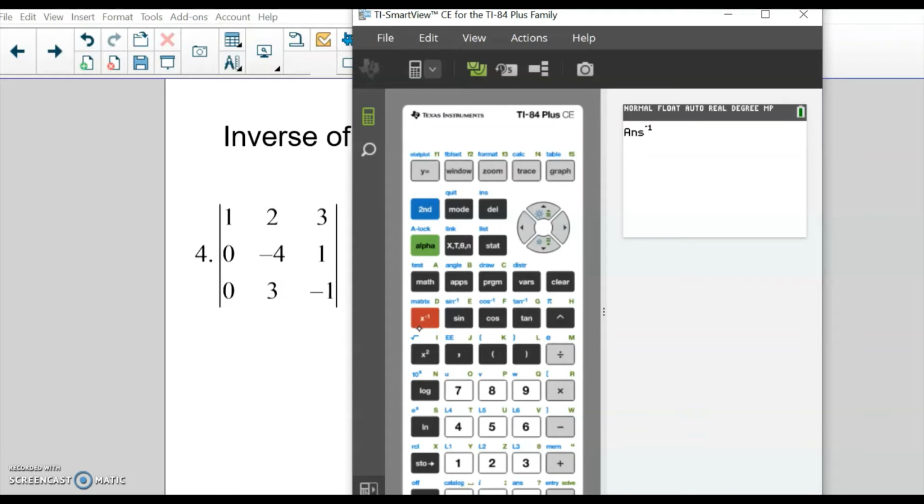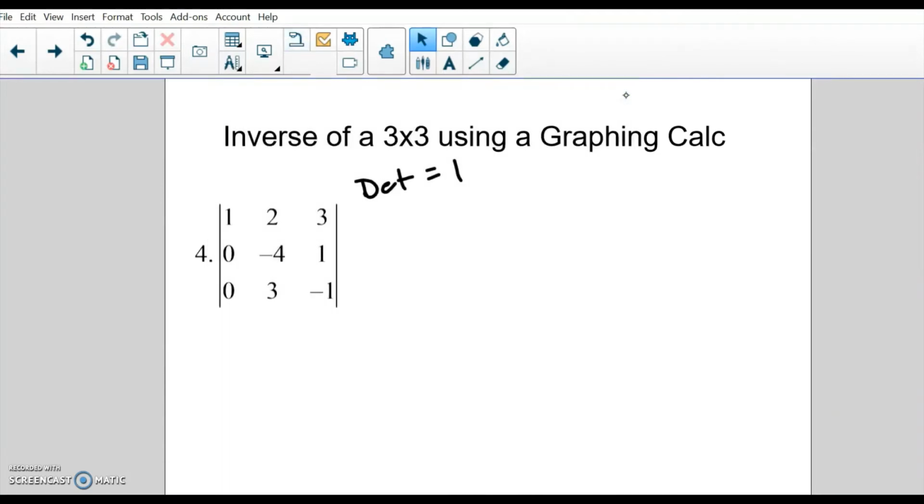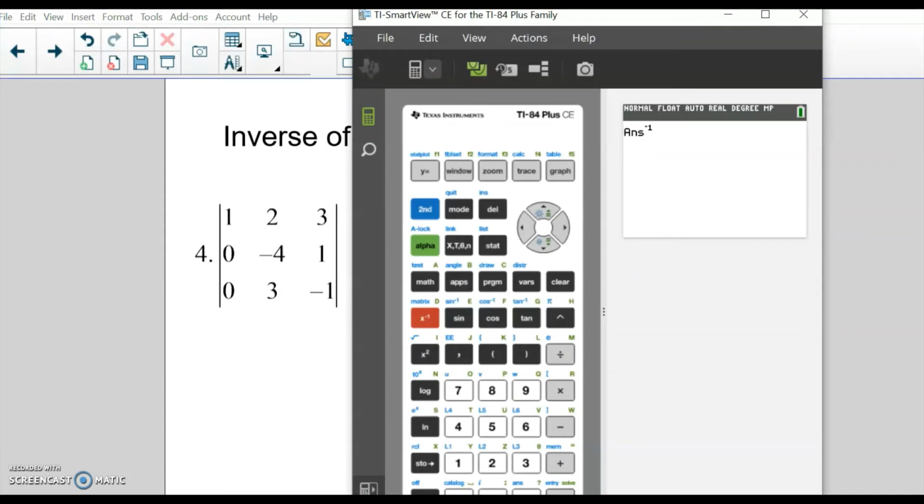So we have to hit second matrix, and we get the option here to edit. So we want to go to edit. And you can choose any matrix that you want, A, B, C, D, all the way on to I. I'm just going to go ahead and choose A.